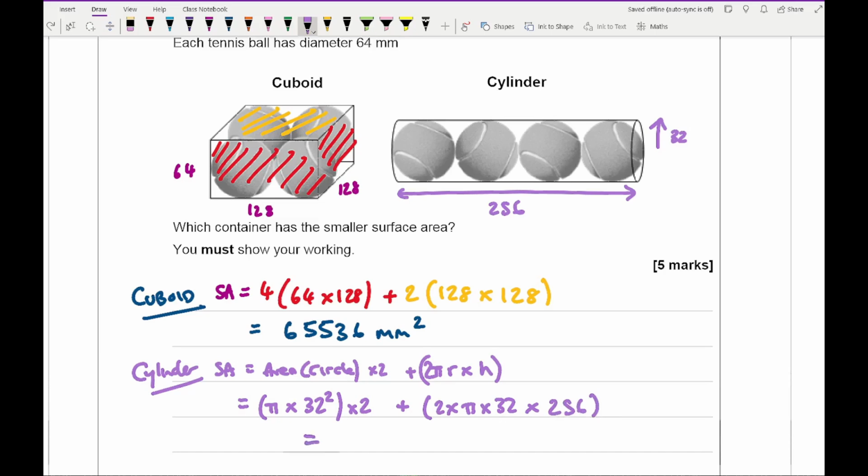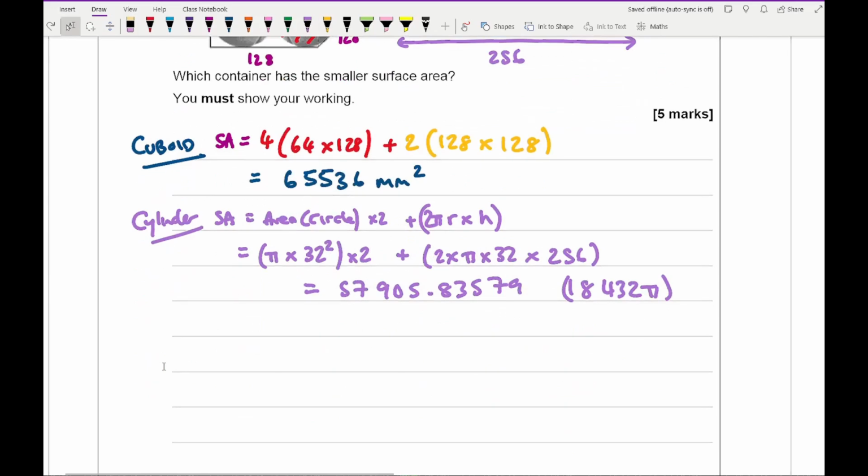And if I type that all into my calculator, I get an answer of 57905.83579, or the exact value is 18432 pi. And the question is asking which one has got a smaller surface area. So here we can say that the cylinder has the smaller surface area.